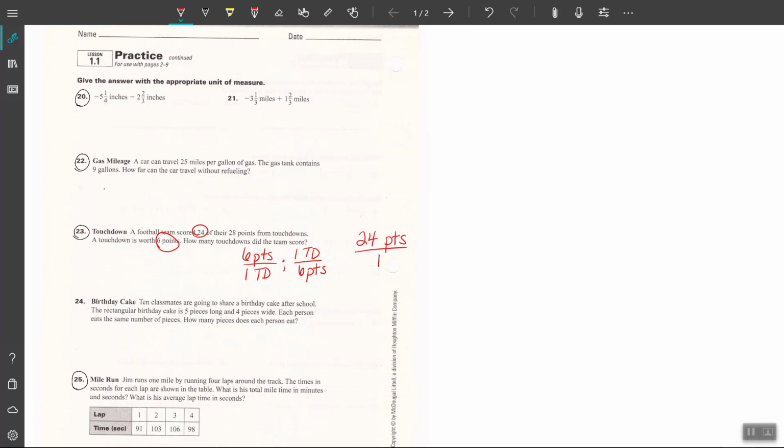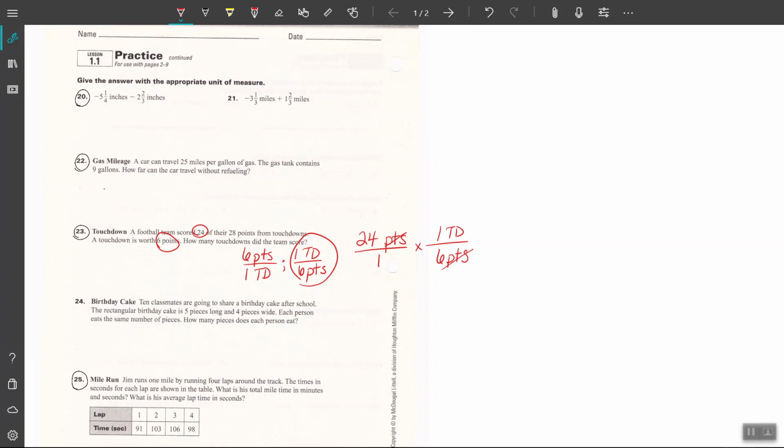So if I put this over 1, and I'm always multiplying when I do these unit rates, but you're going to see in a second why it's really division, because we're going to use the second unit rate, 1 touchdown per 6 points, so that when I do my actual math, these labels cancel out and I end up with just touchdowns. So remember, the labels will cancel across the multiplication sign from numerator to denominator, just like your numbers will.